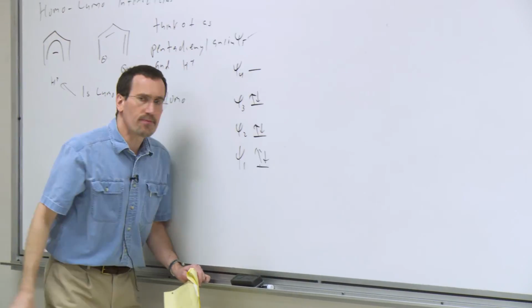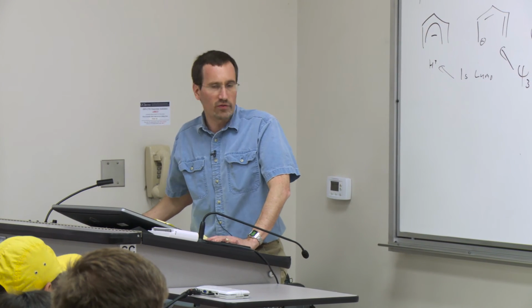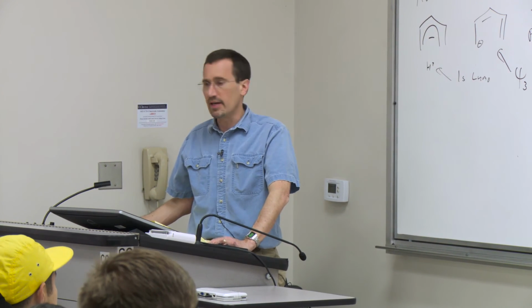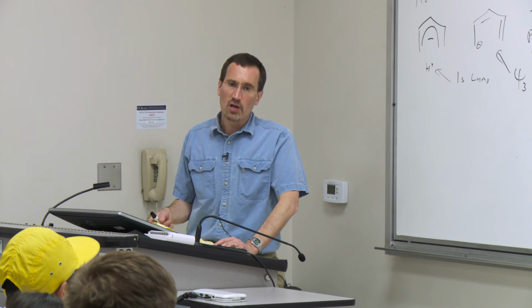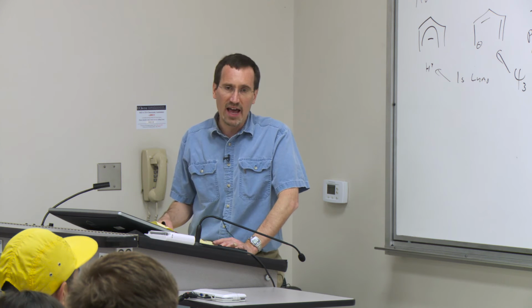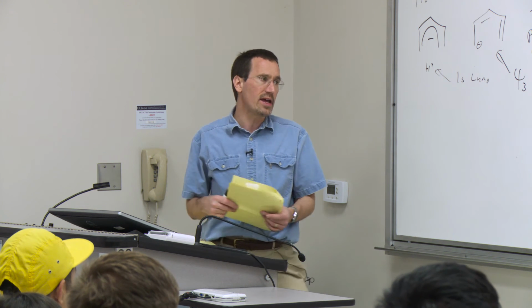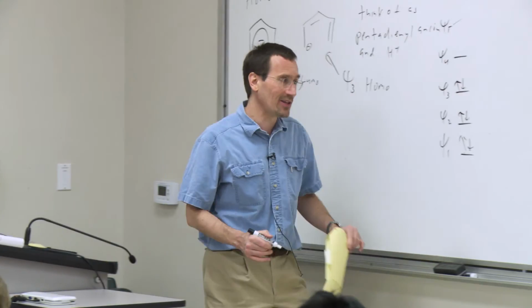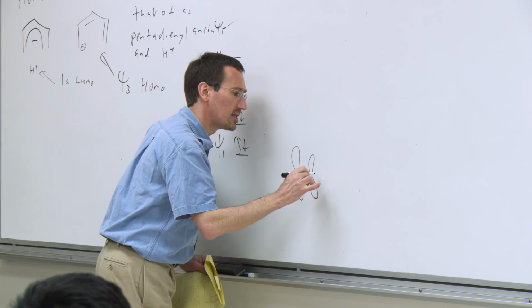The psi molecular orbitals are formed by the linear combination of the p orbitals. Specifically, I guess we've been calling them the pz or 2pz orbitals from the 5 carbons. We can combine those 5 2pz orbitals in 5 different ways to make 5 molecular orbitals with increasing number of nodes.